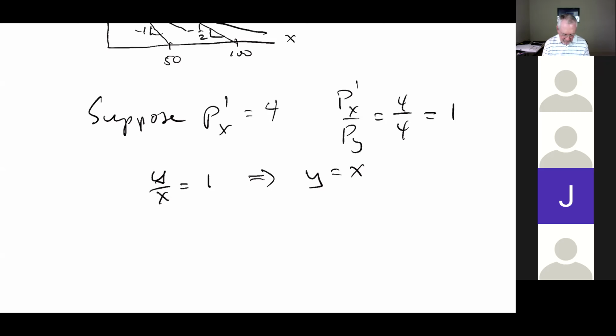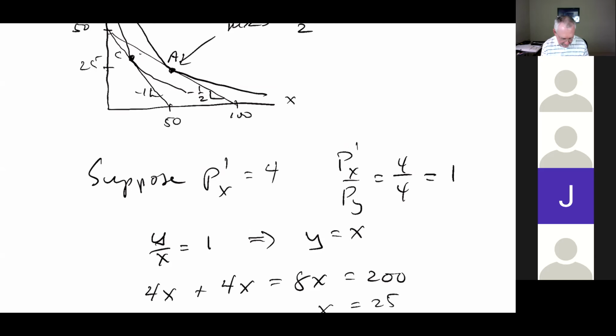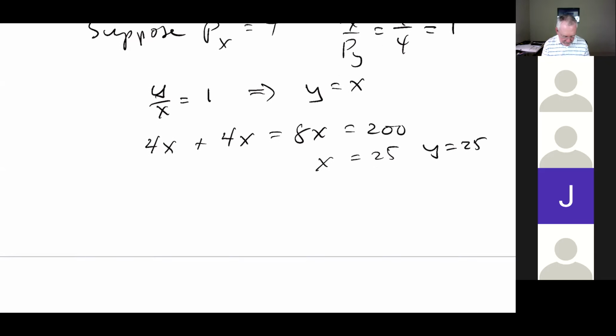Now the price of x is 4, so I have 4x plus 4y, but y must be equal to x, so I have 8x is equal to 200, so x must be equal to 25. So right at this point now, at C, I've got an x equal to 25, and I've got a y equal to 25. Now, this is the uncompensated change.